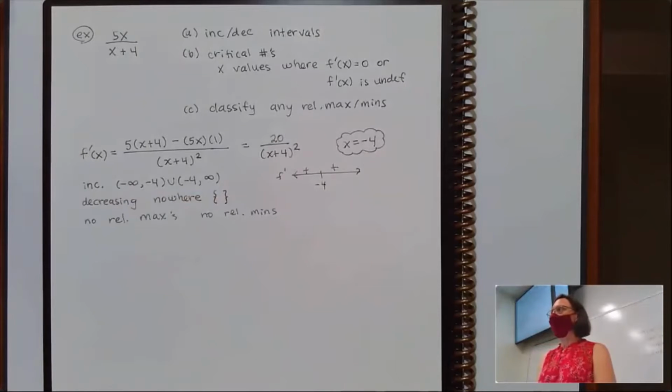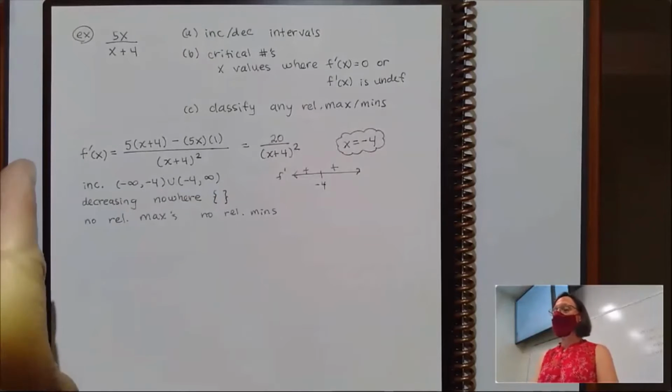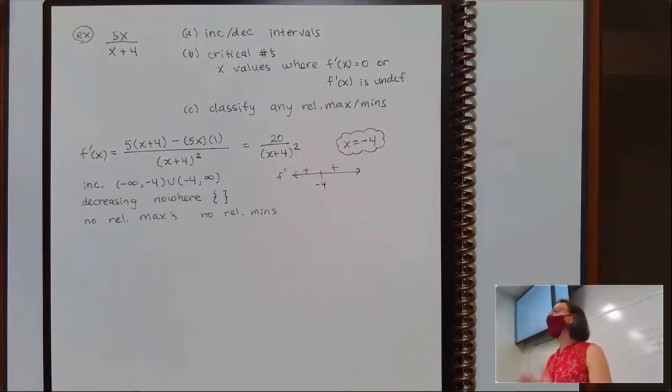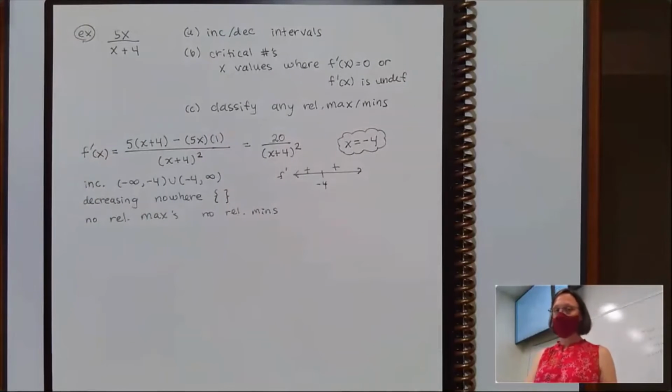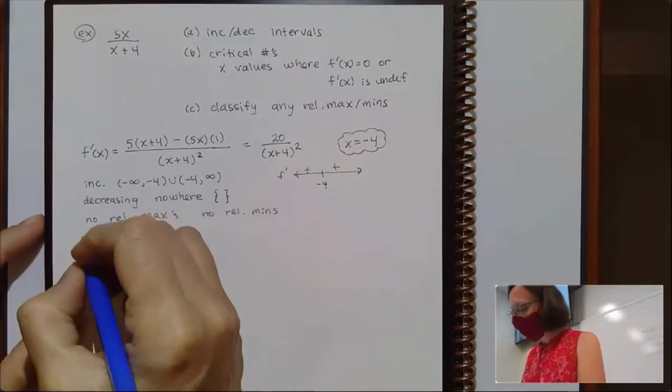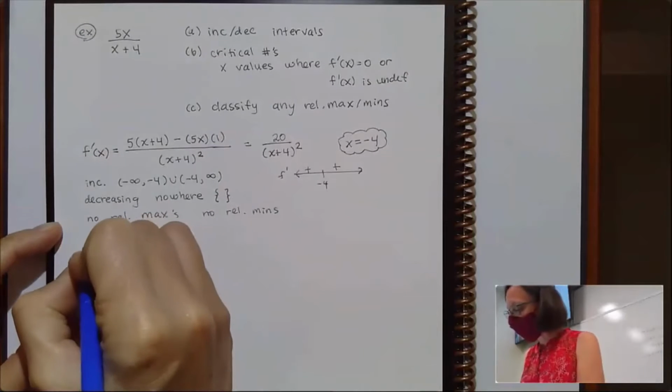And just for fun, let's think about what this graph actually looks like, because we have those skills from midterm 1 to be able to figure out where the vertical and horizontal asymptotes are for this thing. So just for fun, we'll do a quick sketch.